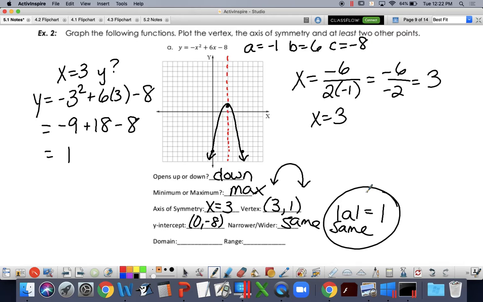My domain always goes from negative infinity to positive infinity. And then my range goes from negative infinity all the way up to 1. And I include the 1, so I put the little bracket on there.